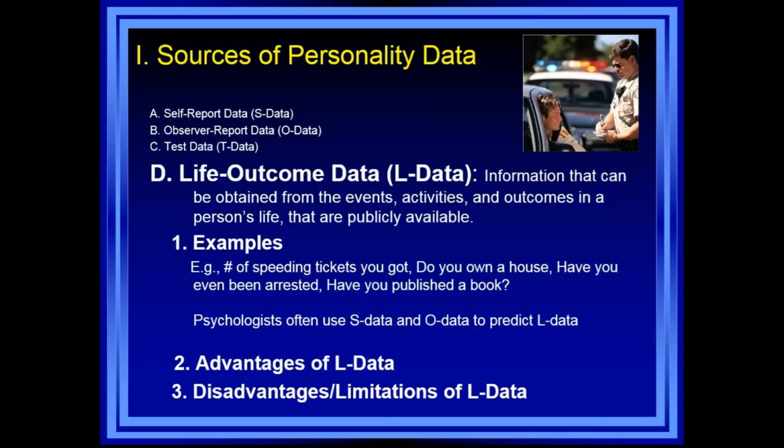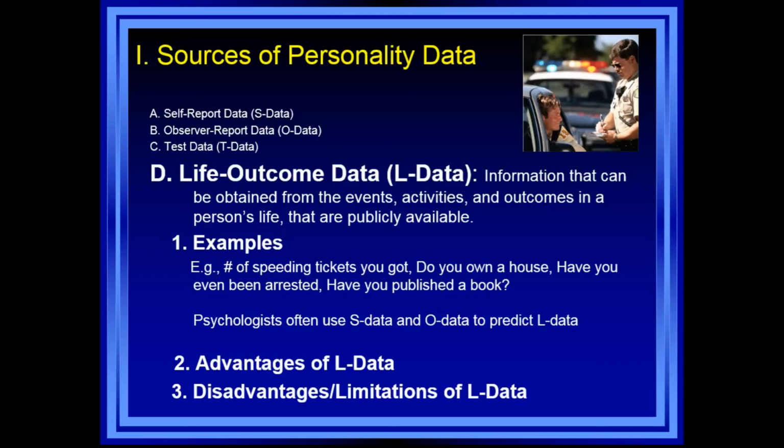An example, by the way, of using O data to predict L data, observer data to predict life outcome, is some interesting research where they looked at parents' observations of their children's temper tantrums.